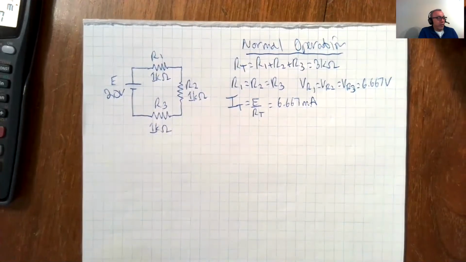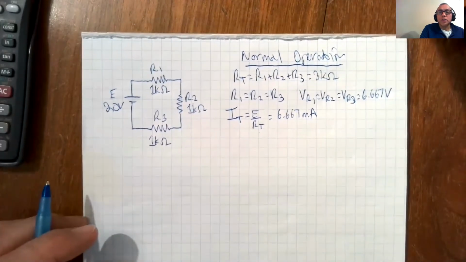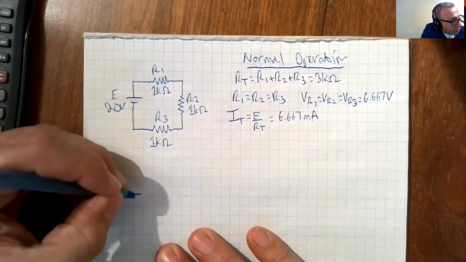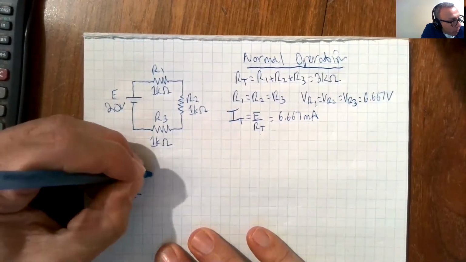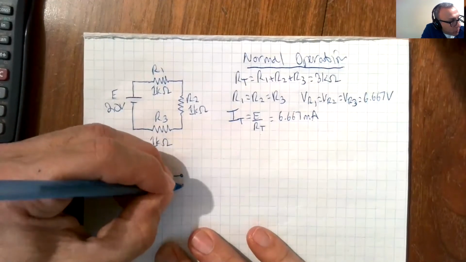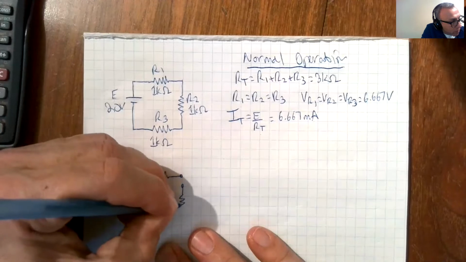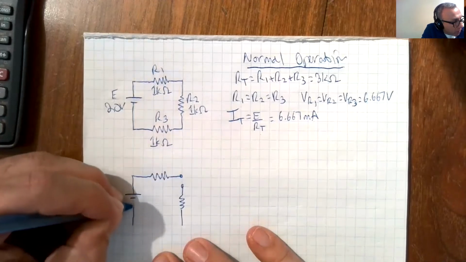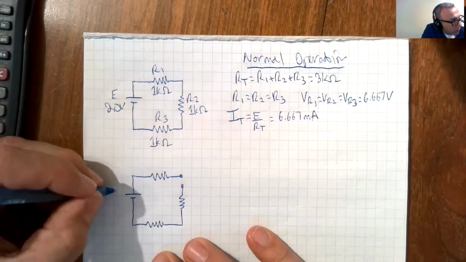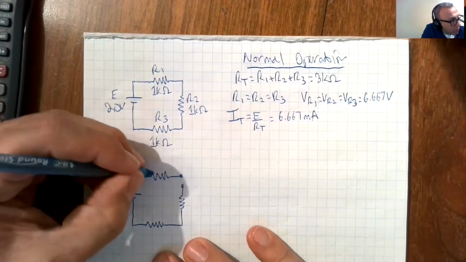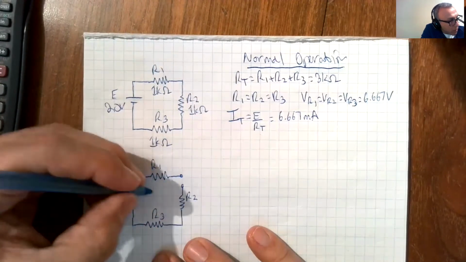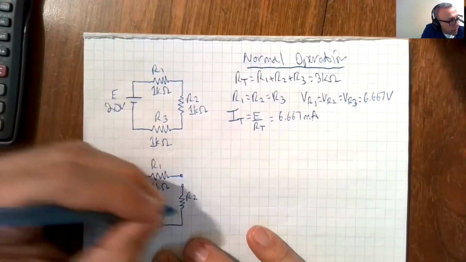Now, an open circuit. Let's say that something scraped your circuit board or accidentally hit one of the wires, and you now have an open between R1 and R2. All right, so let's just take this.